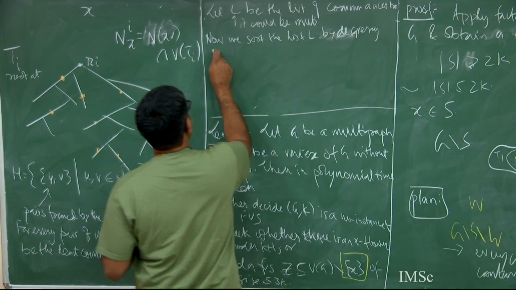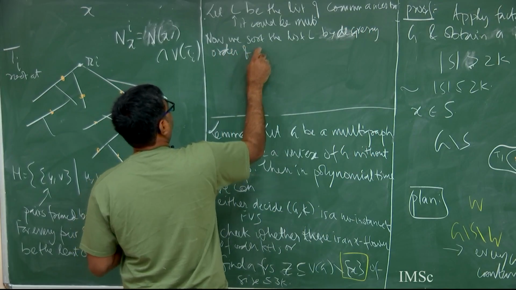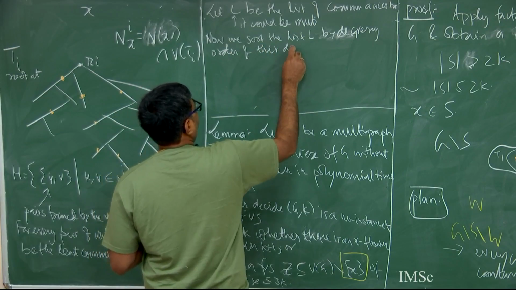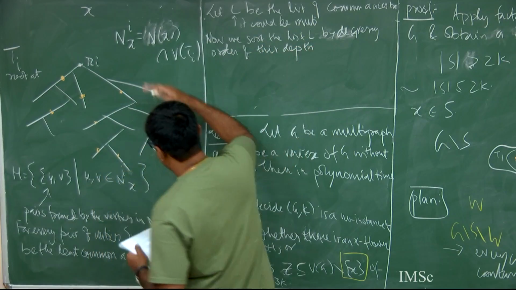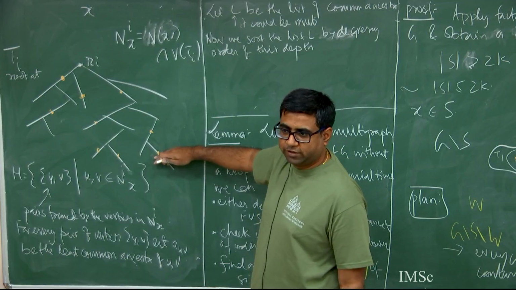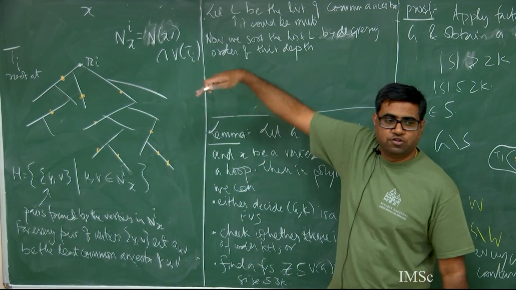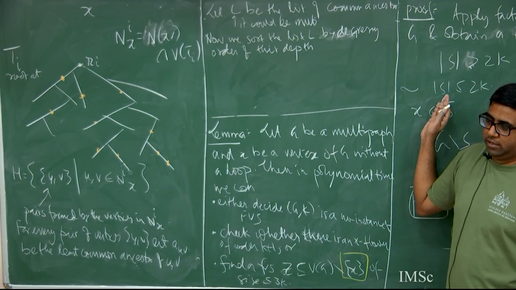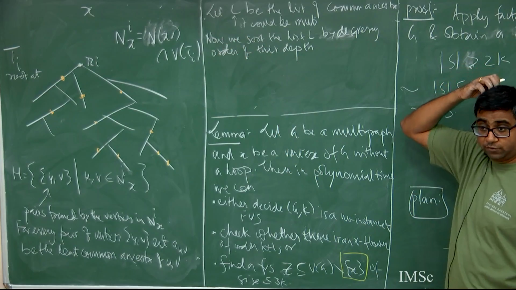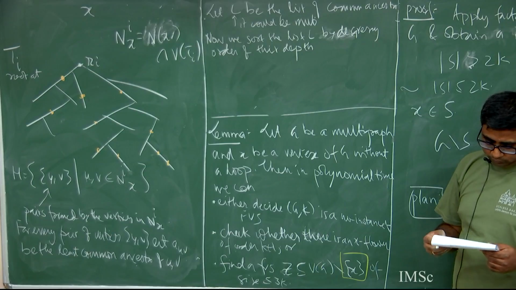The vertex which is furthest from the root will come before, and the vertices which are closer to the root will come later. So now we have sorted it out.